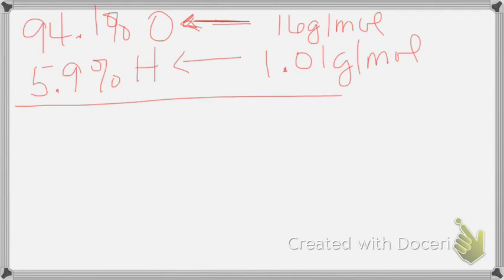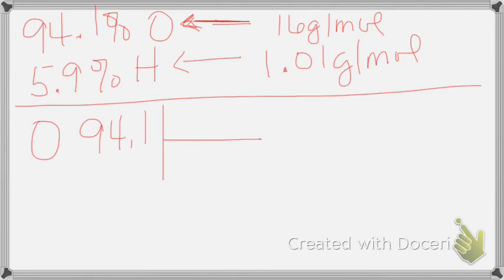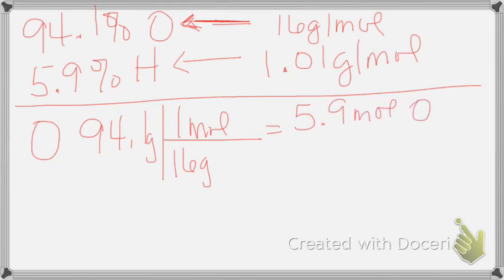So let's look at oxygen first. It's 94.1 divided by 16 grams for every 1 mole. And if you guys will multiply that out, 94.1 divided by 16 should give you 5.9 moles of oxygen.